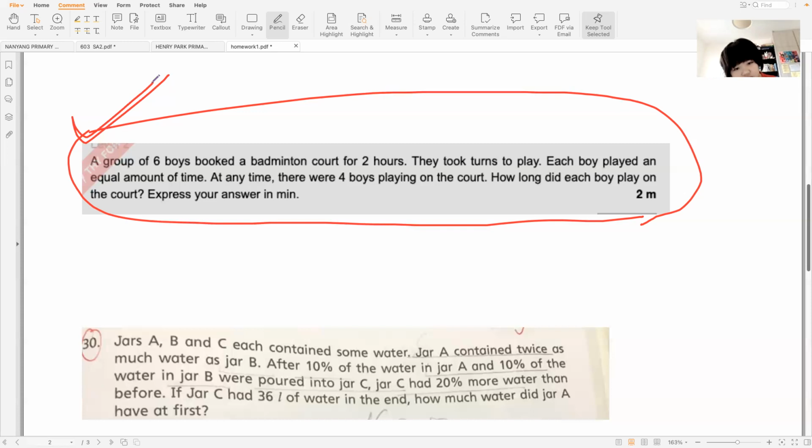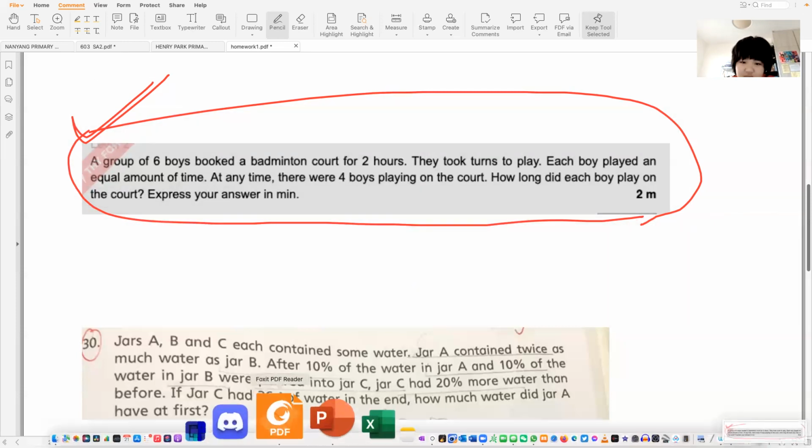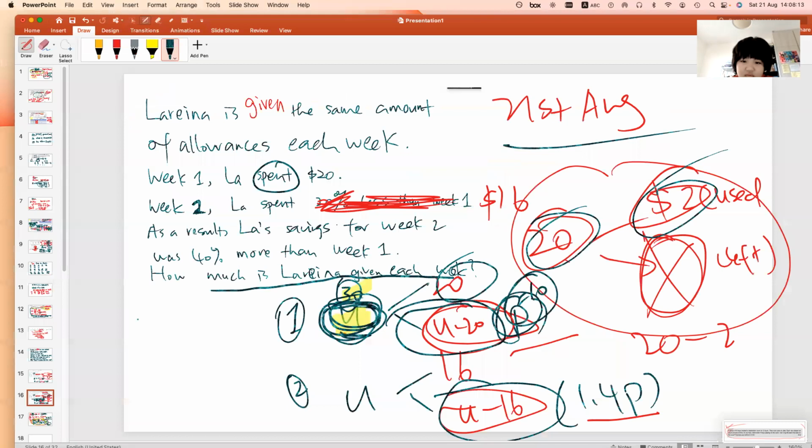Can you understand this question or not? Do you understand this question? This one is badminton. You don't understand, man? Okay, never mind. Let me get this question out to a PowerPoint. This is one of the favorite questions.